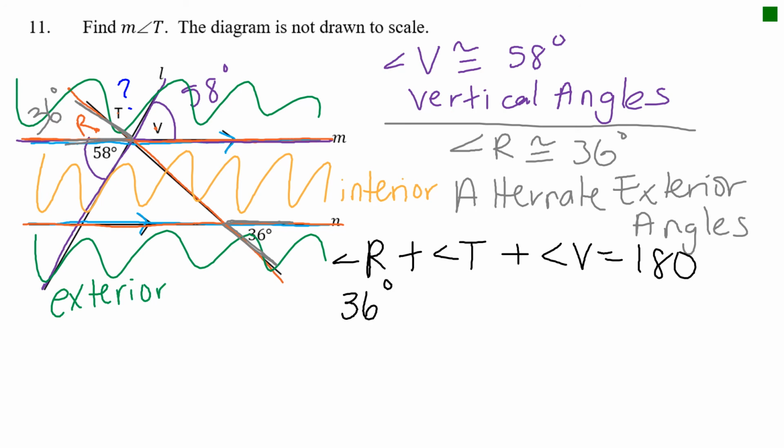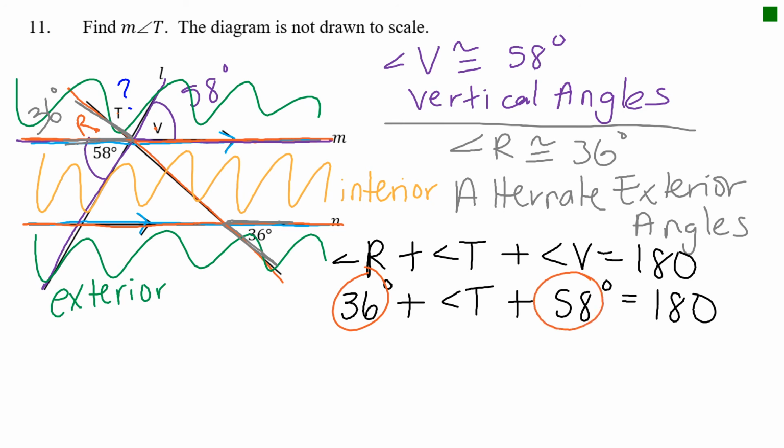We also know that angle V is 58 degrees. And that they all add up to 180. What we don't know yet is angle T, which we want to solve for. So we're going to take 36 plus 58, which is going to give us 94. So angle T plus 94 is equal to 180.